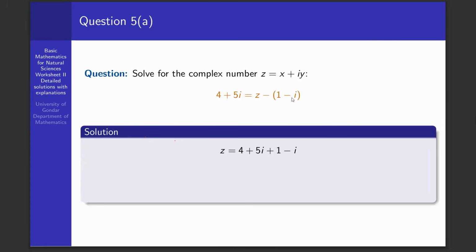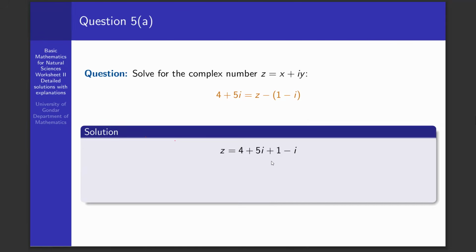just taking this to the left of the equality sign, so that we have z equal to 4 plus 5i, then plus 1 minus i. That is the summation of two complex numbers. We know that the sum of any two complex numbers is a complex number, and it is obtained by adding their corresponding real parts together and the imaginary parts together.